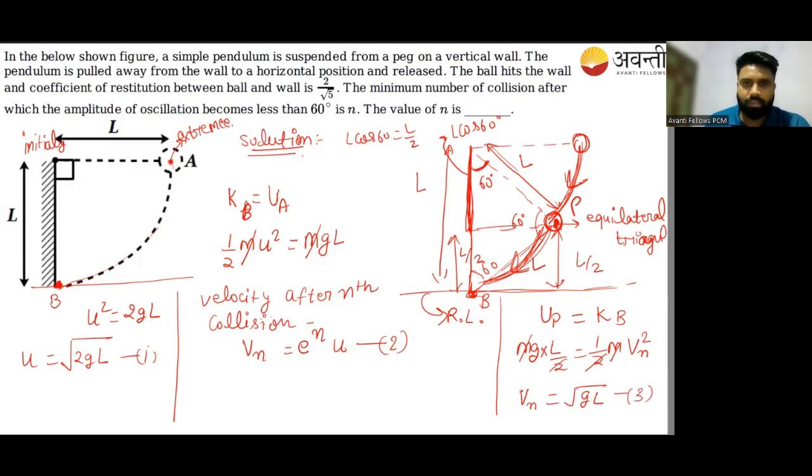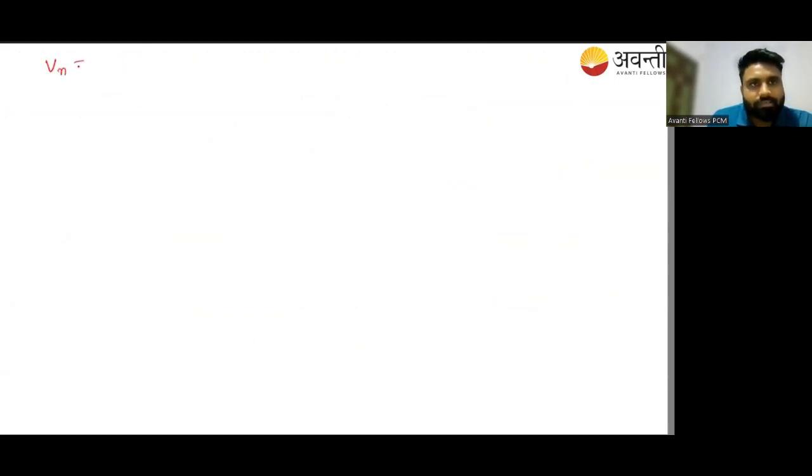Take this value of Vn and u and put this in equation 2. So Vn we have as root gL, u we have as root 2gL, and we have an equation that Vn is equal to e raised to the power n into u, where n is the number of collisions here. Put the value of Vn, which is root gL, equals e raised to the power n into root 2gL.